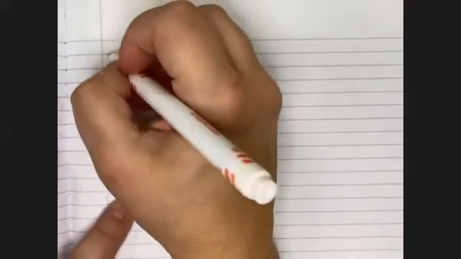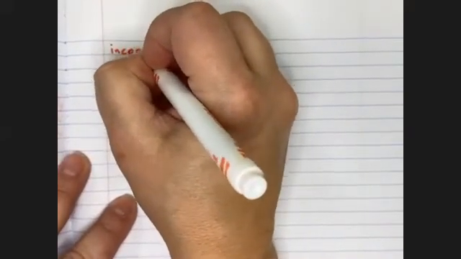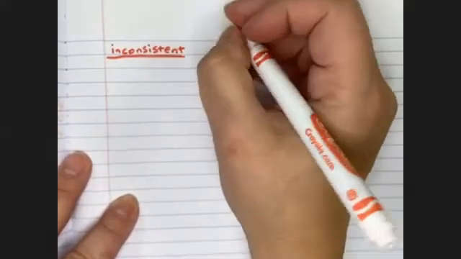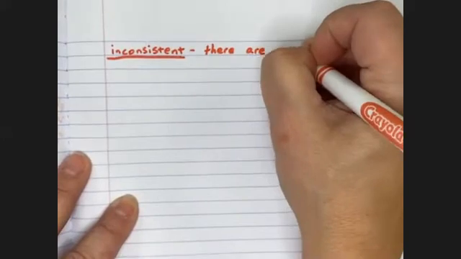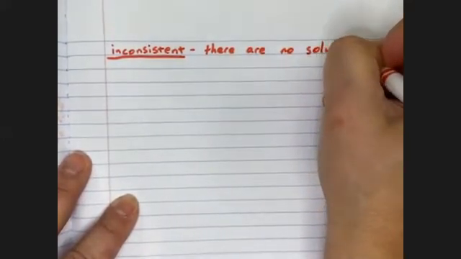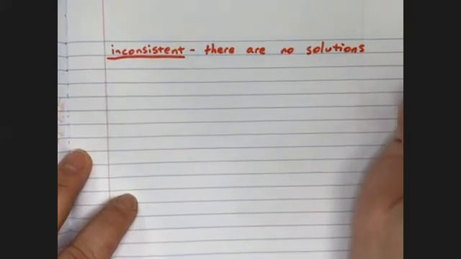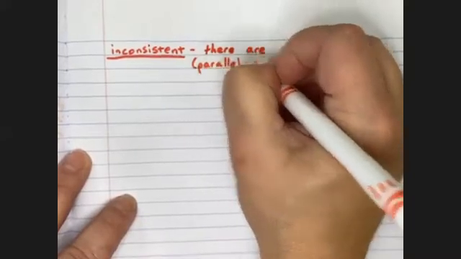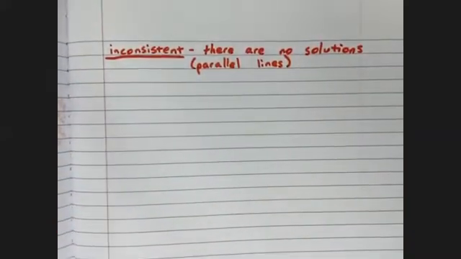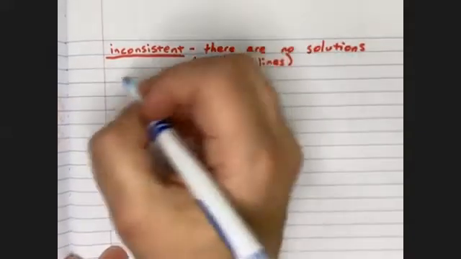But now let's talk about the terminology a little bit, okay? So if it's inconsistent, which is the one we just talked about, inconsistent means there are no solutions. And the way that that works, if there are no solutions, then they are parallel lines. The other term that we're going to talk about to begin with is consistent.